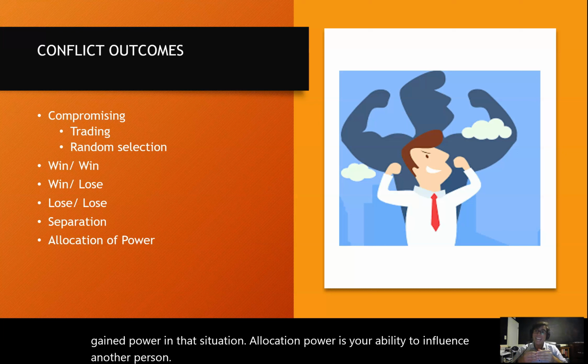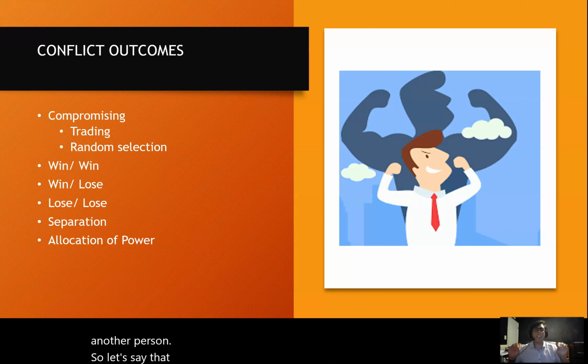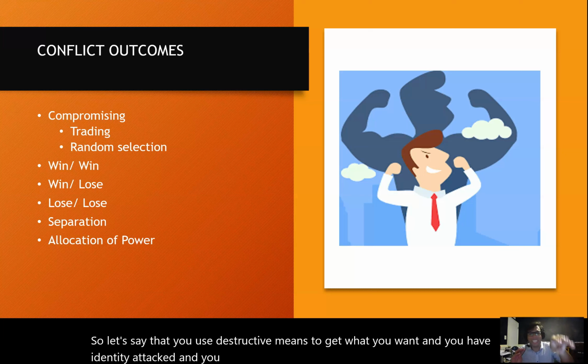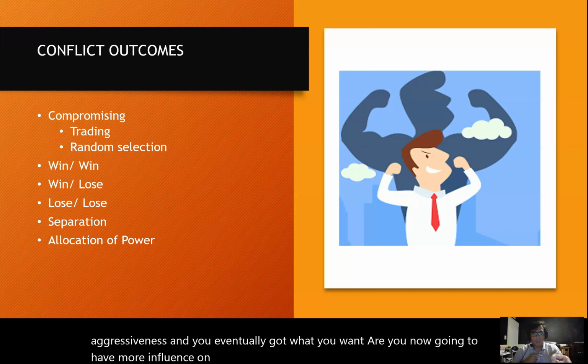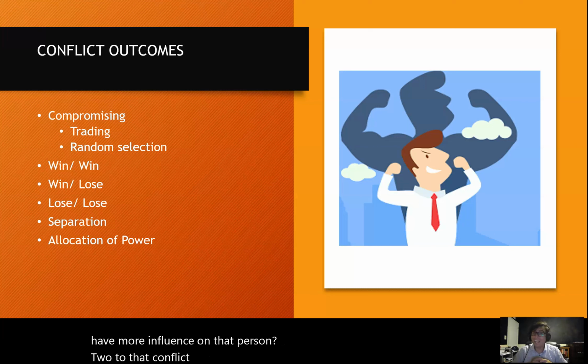So let's say that you use destructive means to get what you want, and you have identity attacked, and you have crazy made, and you have engaged in passive aggressiveness, and you eventually got what you want. Are you now going to have more influence on that person due to that conflict situation? Probably not.